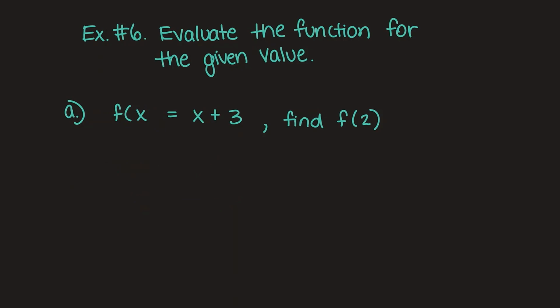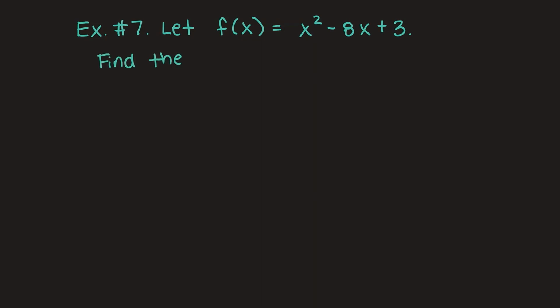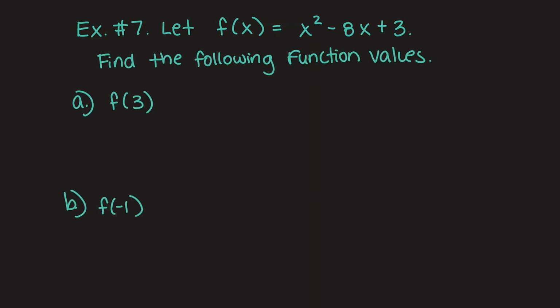Let's try another example written in function notation. So let f of x equal x squared minus 8x plus 3. And we want to find the following function values. So for f of 3, we want to substitute 3 in for our x of our function. So f of 3 equals 3 squared minus 8 times 3 plus 3.